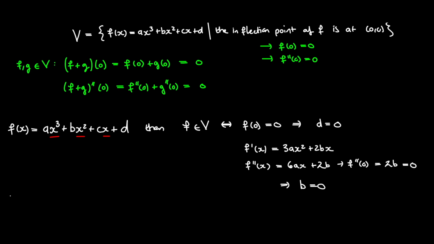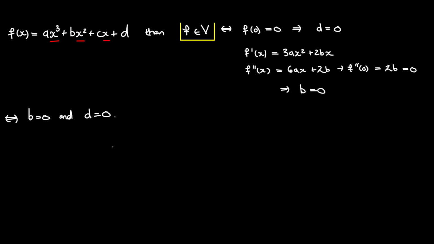So in other words, if f is in V, then that's the same thing as saying simply that b is equal to 0 and also d is equal to 0. Great. So that means we can describe V in a different way.